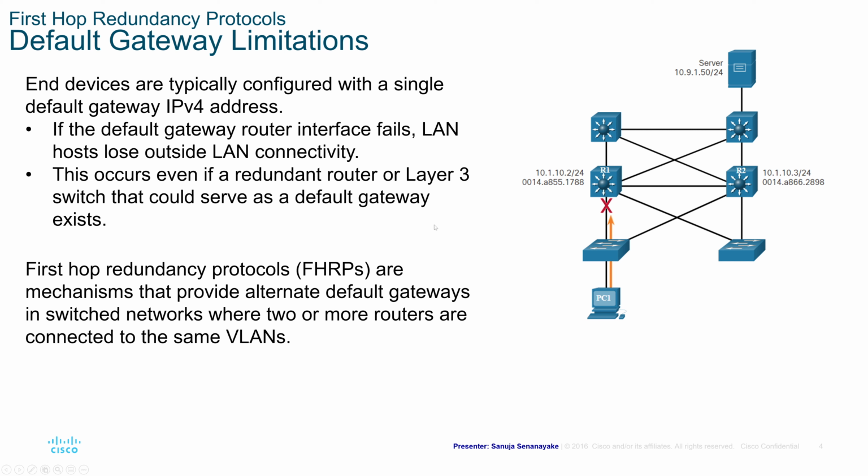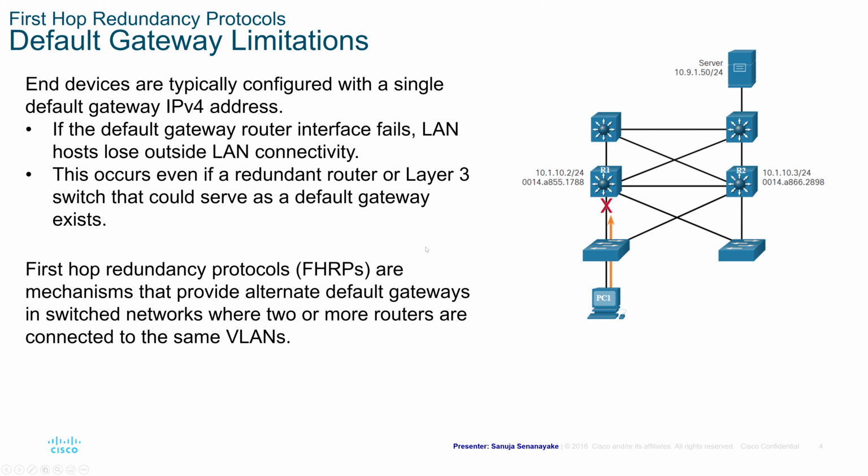Remember, if you have a router that is connected to a switch and then you have a device at the end, if the router fails, basically, the LAN loses the outside LAN connectivity. The hosts in the LAN lose the outside network connectivity.